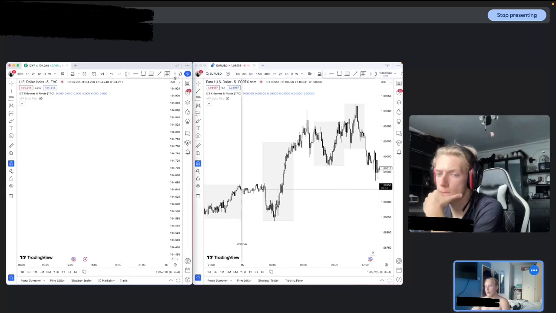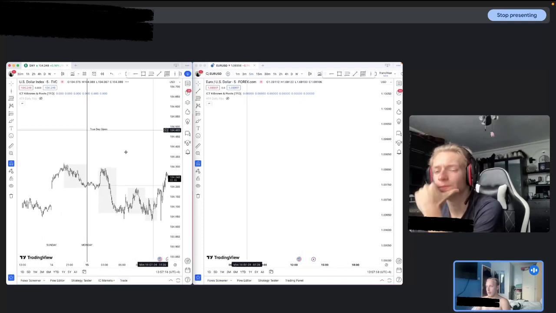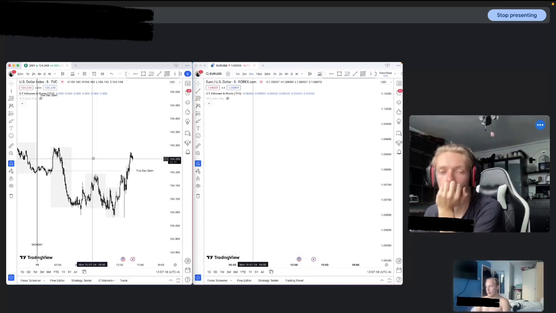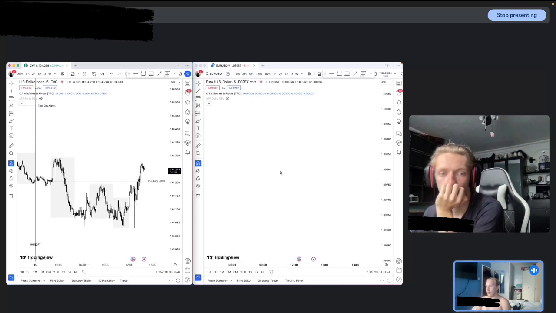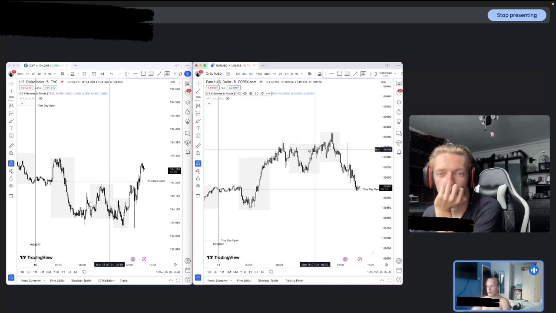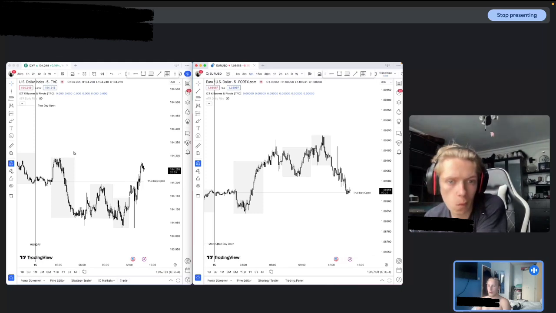So what we do is, and I'll put this up here, because the first step would be to see the dollar first. Anything that you notice between these two charts, this is the euro against the dollar, and this is the whole dollar.